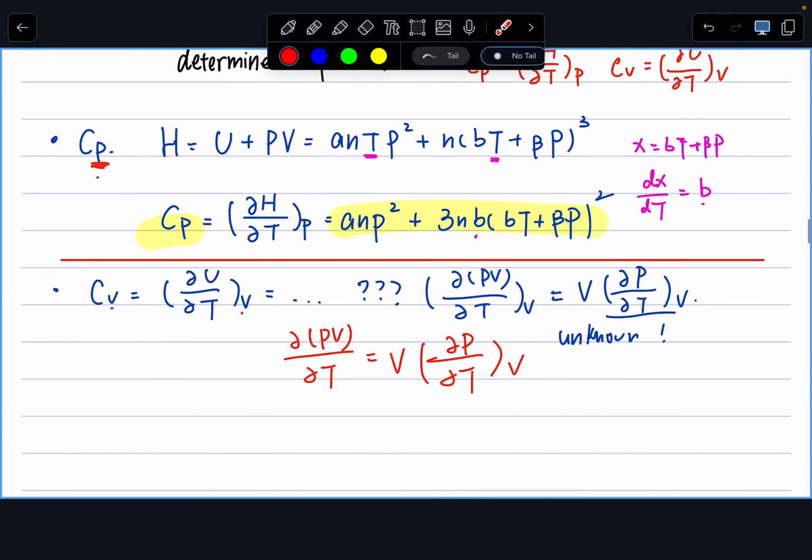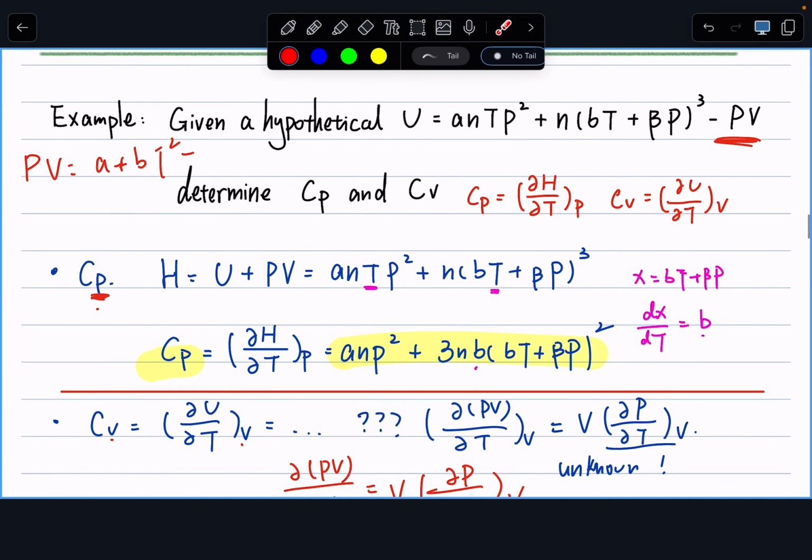But in this case, don't dive into the math too much. That's my point of view. Don't try to dive in and waste your time. Just think about it. In this case, what is the physical meaning of that partial derivative? We're talking about a relationship between pressure and temperature. Now, the problem only gives us an expression of internal energy as pressure, volume, and temperature.